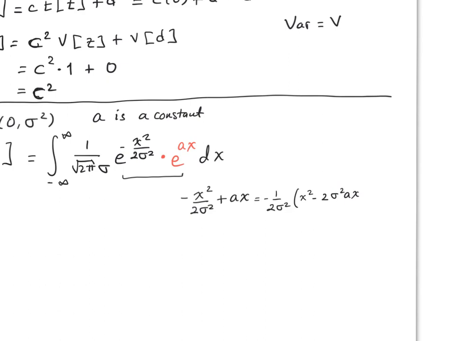So if we do that, you divide this one by 2, then you will end up with just sigma squared a. So if you square that, you'll have sigma to the 4 a squared. So you add this here, sigma to the 4 a squared. However, this was not in here, so therefore you have to subtract it, but you need to subtract not only this, but this times that. If you multiply this times that, you will end up with negative sigma squared a squared over 2, so therefore that means you need to add sigma squared a squared over 2. You should check this part.